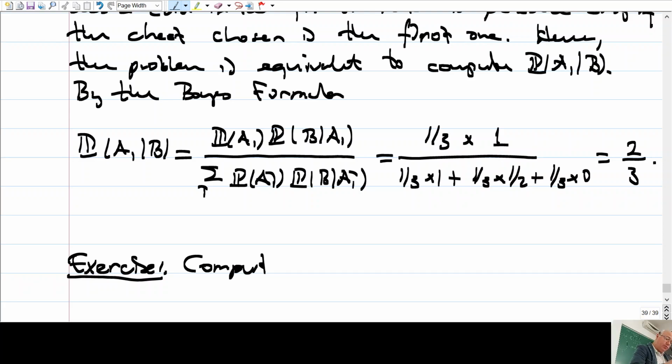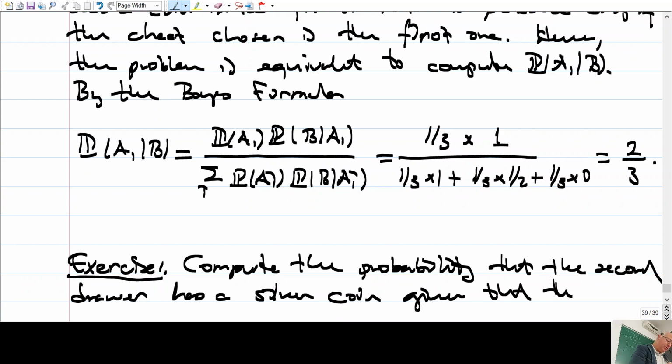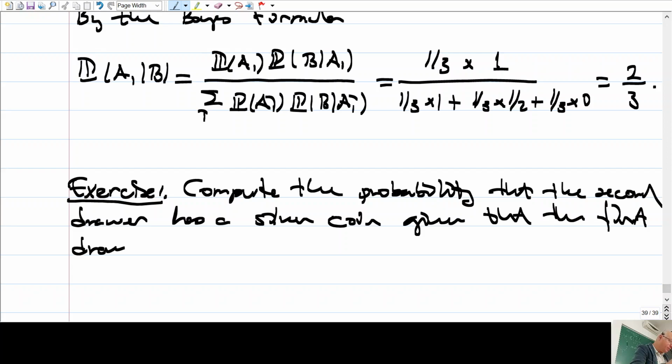Compute the probability that the second drawer has a silver coin, given that the first drawer had a gold coin.